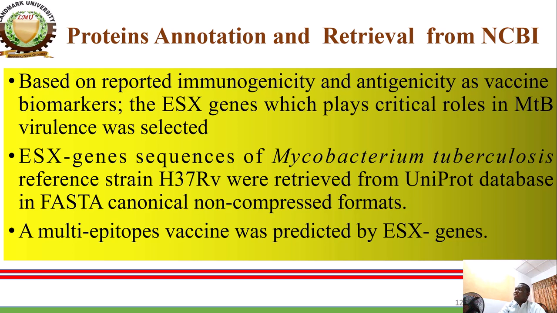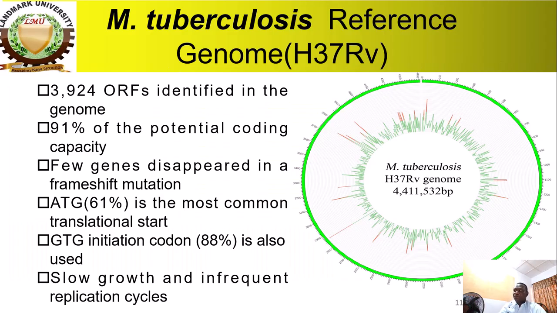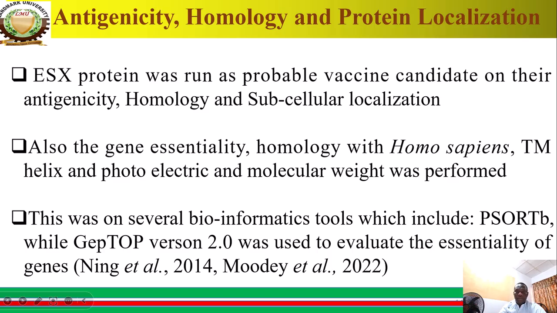In this study, a retrieval of the Mycobacterium tuberculosis proteome was performed by the use of H37Rv as the reference genome, and this was retrieved from the UniProt database in FASTA canonical format.